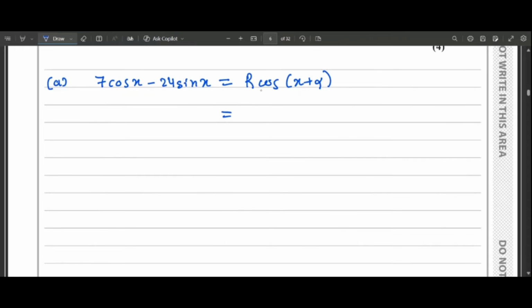From here we can see that we can expand this expression using the addition formula for cos. So we know that cos A plus B is equal to cos A into cos B minus sin A into sin B.